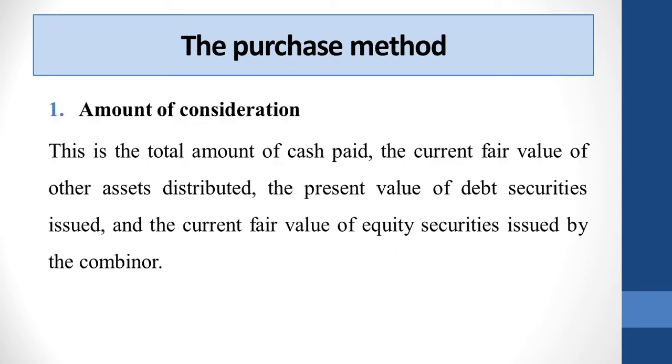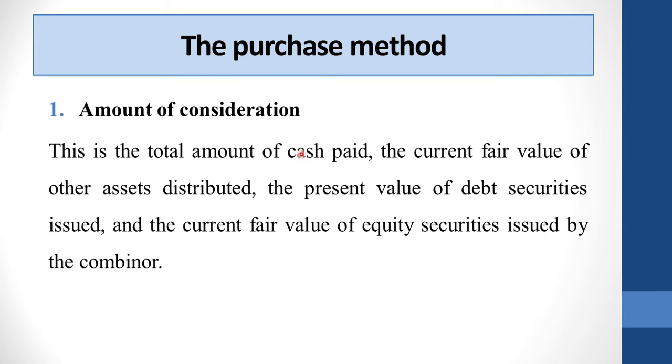First, the amount of consideration. The amount of consideration is any value that the combiner is willing to pay to the combinee's shareholders for their share in the combinee's equity. Like what?